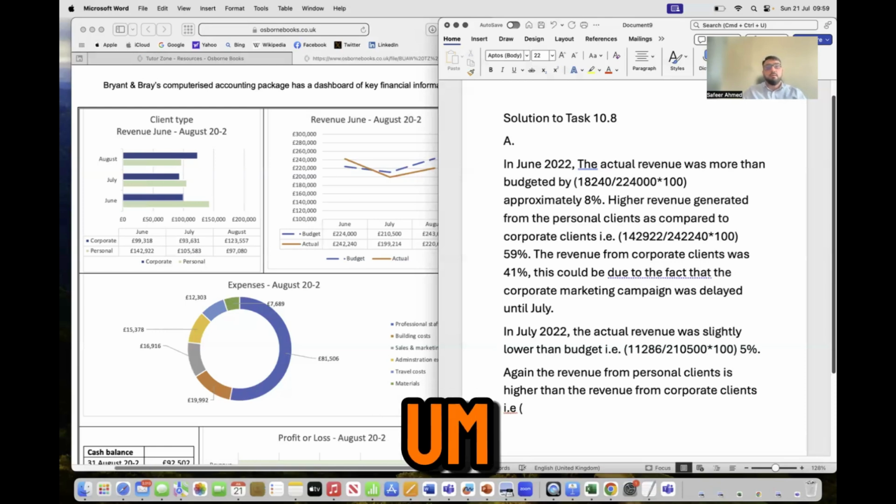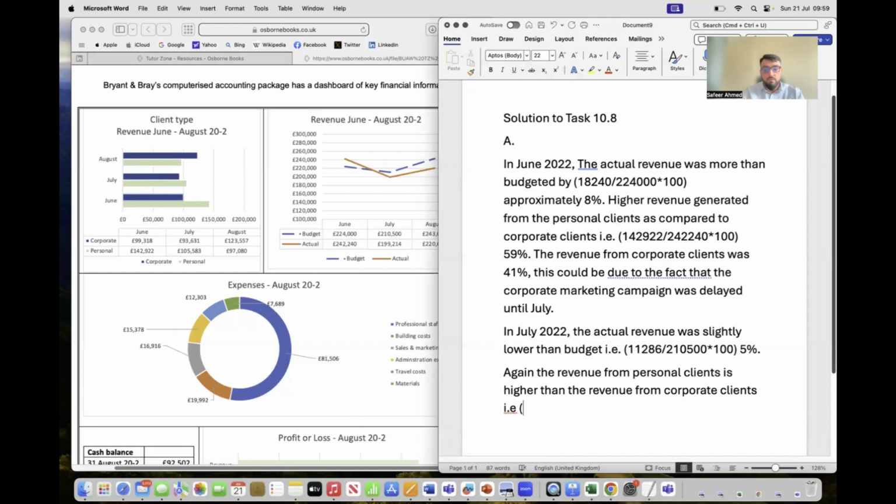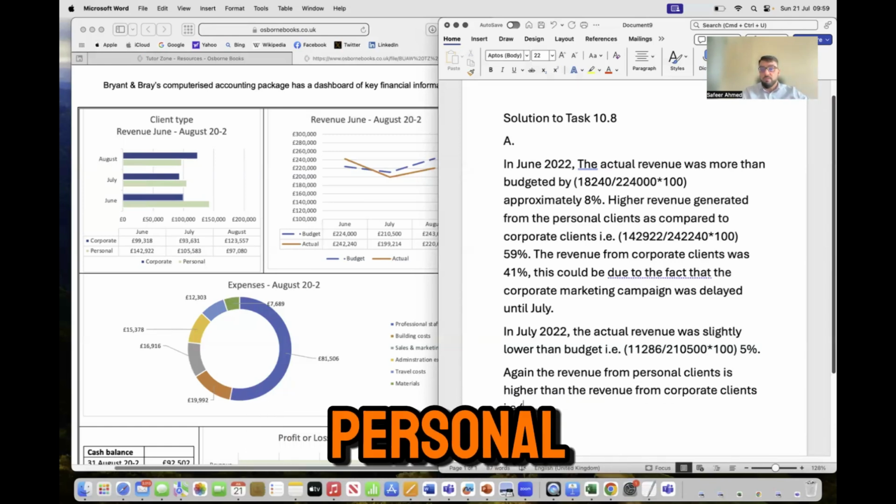If you look at the total revenue in the month of July, which is 199,214, you can see that out of this, 105,583 was generated from personal clients.